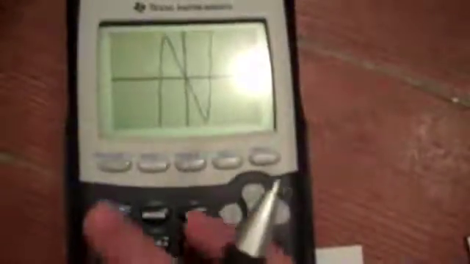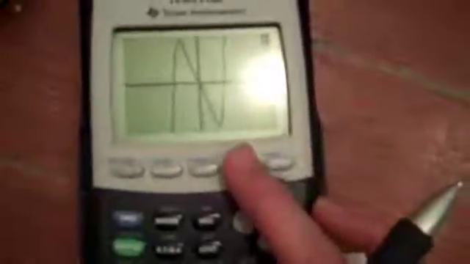So what I did was I graphed it. If you need to find out the zeros on your graphing calculator, don't forget you can go to second and then calc, so trace, and then you can say let's find the zeros.